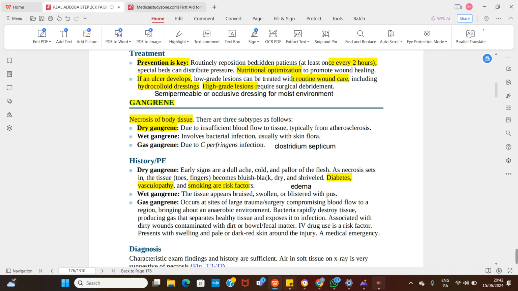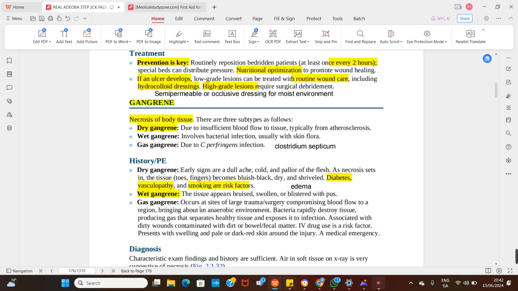So there's going to be tissue swelling, there's going to be formation of blisters with pus, and it's going to look dirty. That is your wet gangrene. So once you are seeing swollen legs, you are seeing blisters with pus, think about wet. It's no longer dry. It is now wet. So wet is usually a superimposed liquefactive necrosis on a coagulative necrosis.